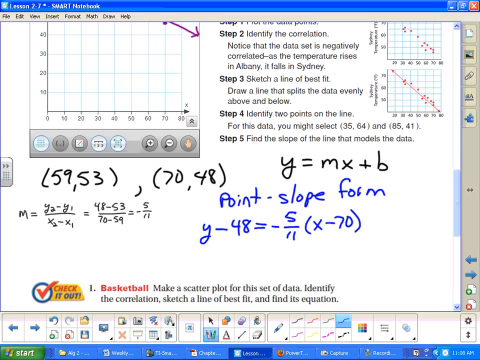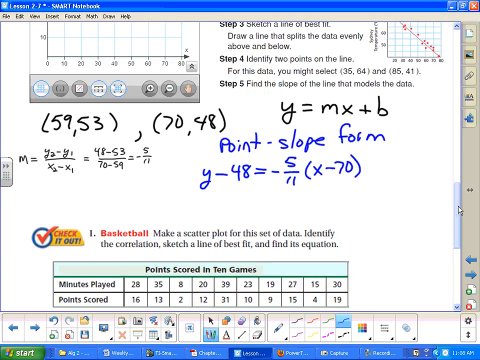And if you wanted to work with decimals, you could work with decimals also. Might make it easier as far as doing some of the calculations too. Okay. So we get y minus 48 equals -5/11 x plus, because we have a negative times a negative, 350 over 11.